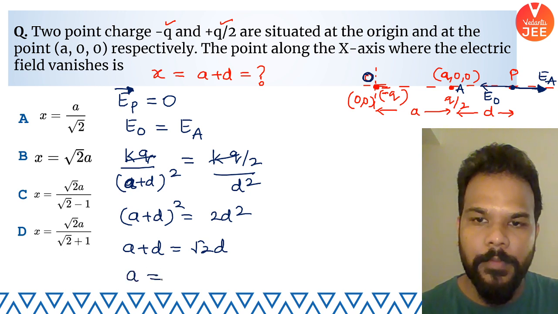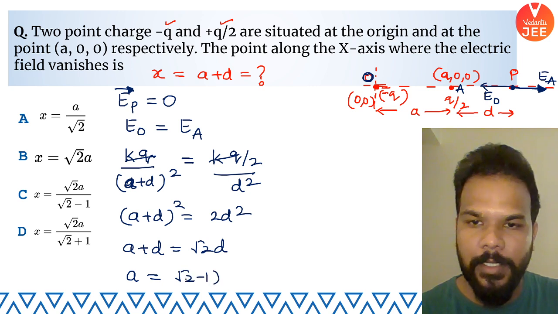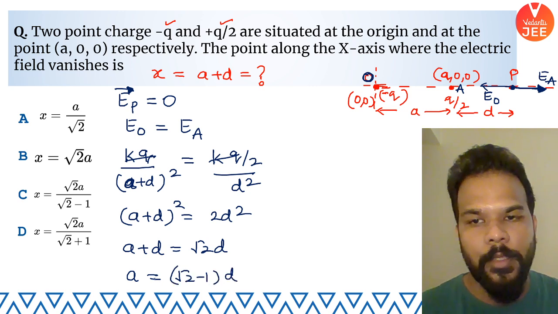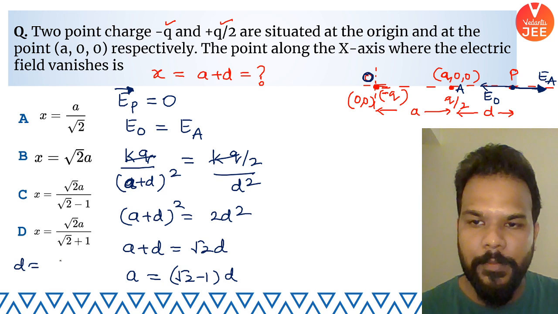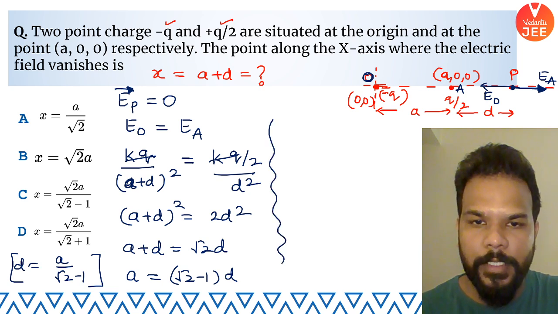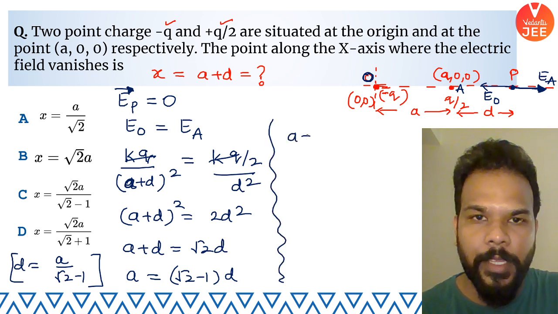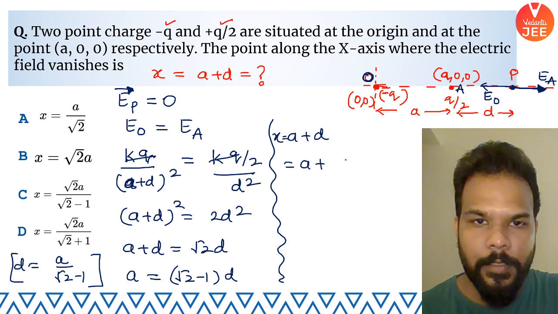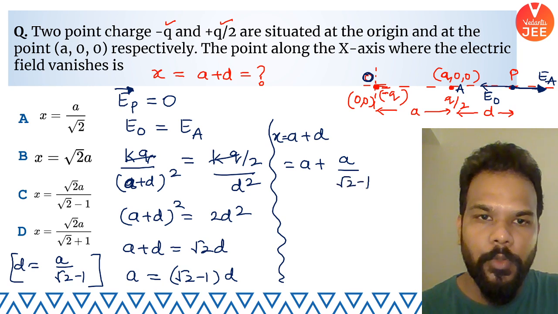So a comes out to be (root 2 minus 1) into d, and you can see very clearly that d comes out to be a by (root 2 minus 1). Okay, people, so let's try to find out the value of a plus d now, which is basically what we are looking for. So a plus a by (root 2 minus 1).